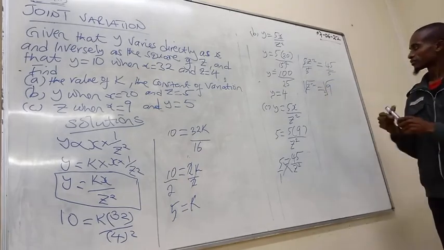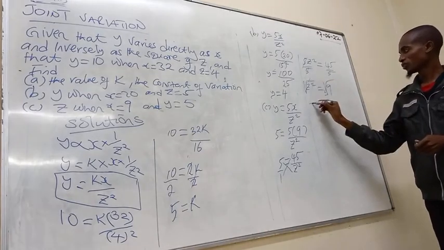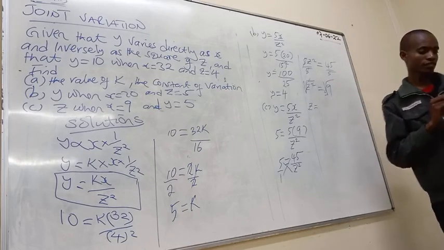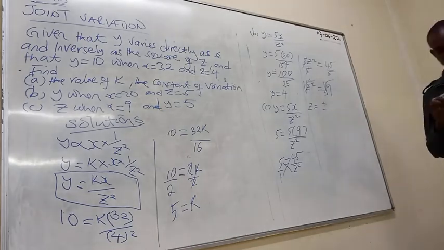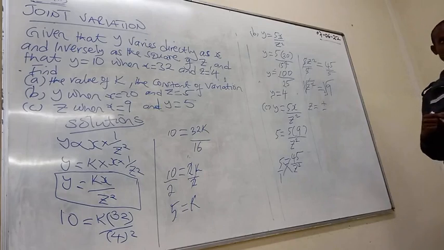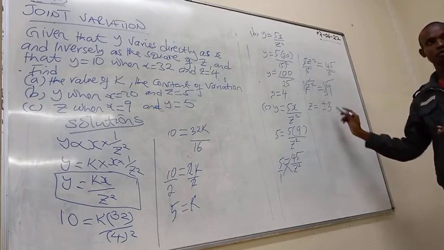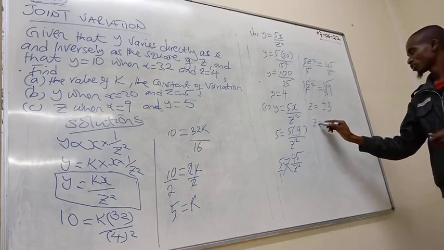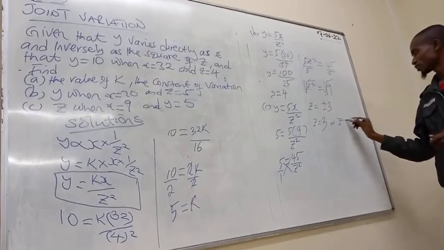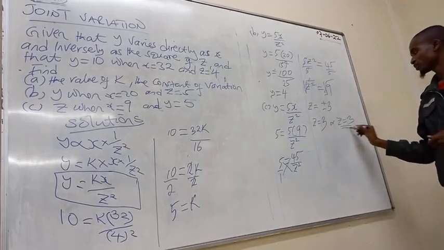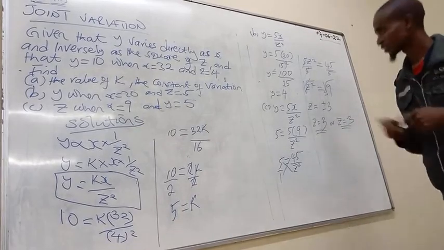A square and a square root cancel, z remains. Then the square root of 9 is 3. So there will be two answers: z is equal to positive 3 or z is equal to negative 3. These are the answers for this one.